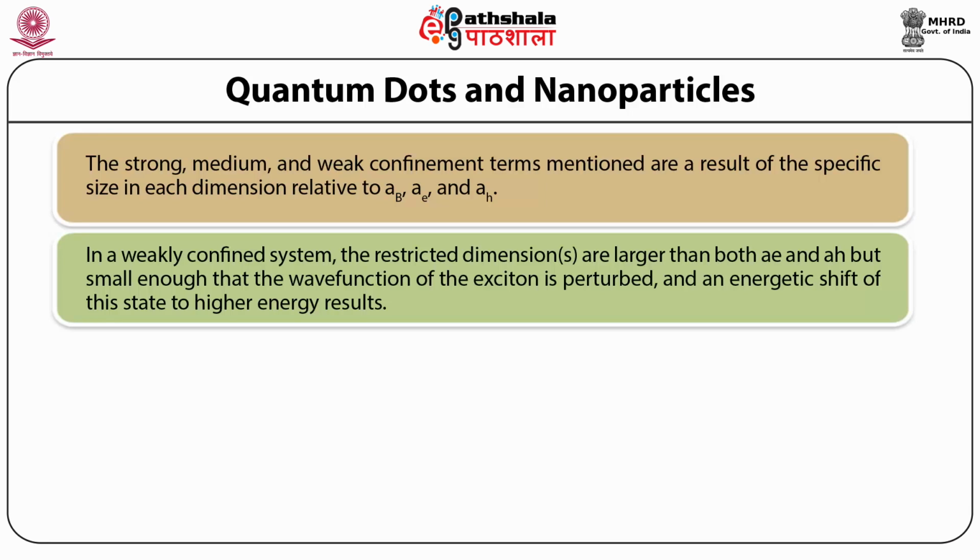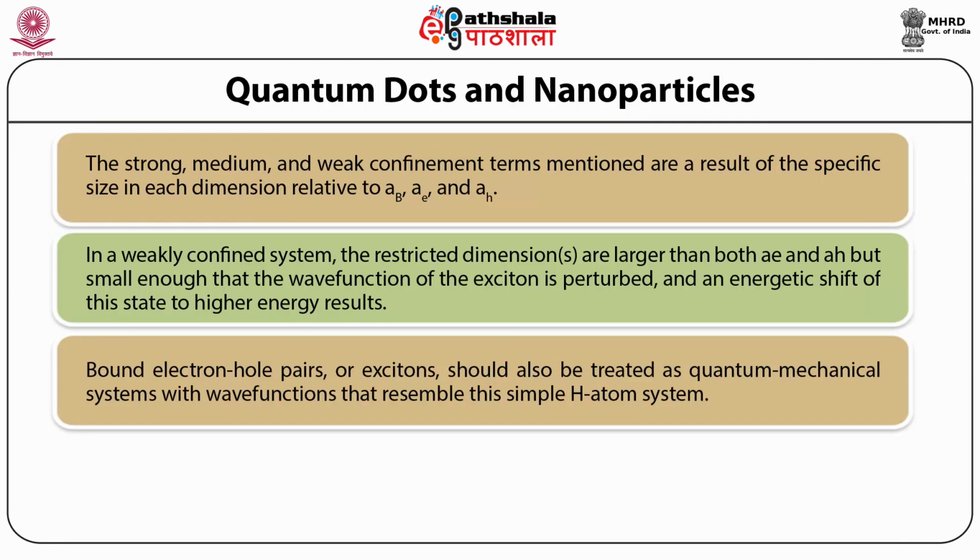The extent of confinement also affects the spatial overlap of the electron and hole wave functions and the Coulombic interactions between them. Bound electron-hole pairs or excitons should also be treated as quantum mechanical systems with wave functions that resemble this simple hydrogen atom system.